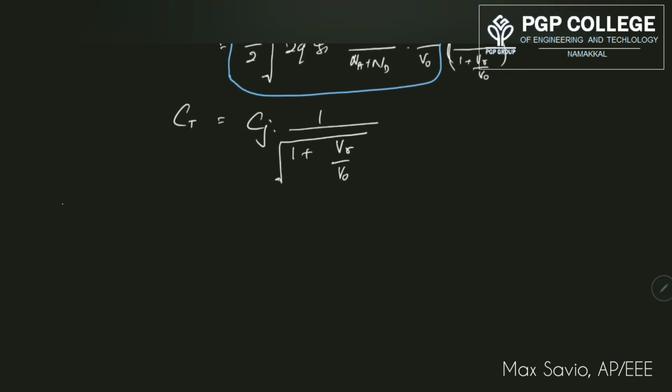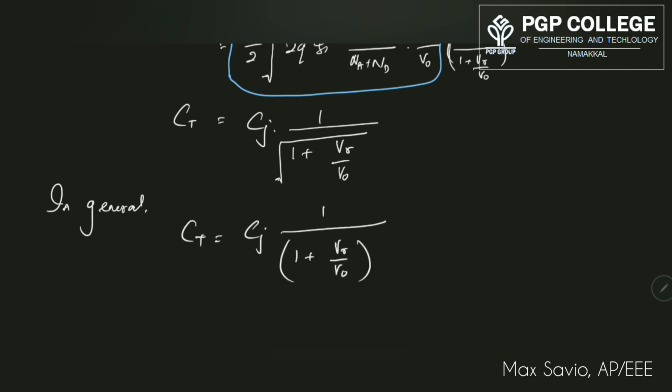In general, the expression for Ct can be given as Cj times 1 divided by 1 plus Vr by V naught, the whole power n.